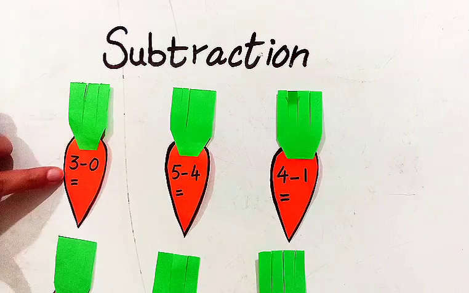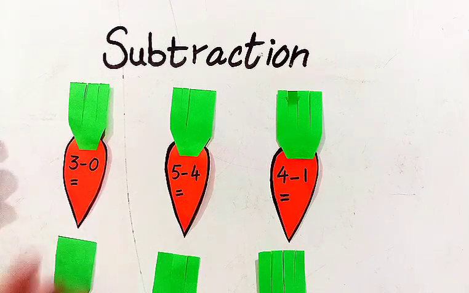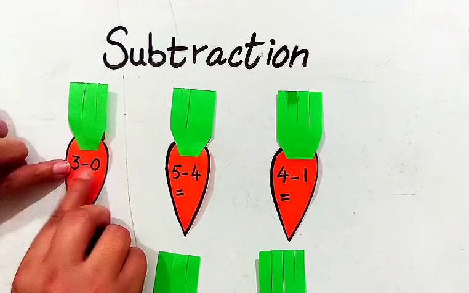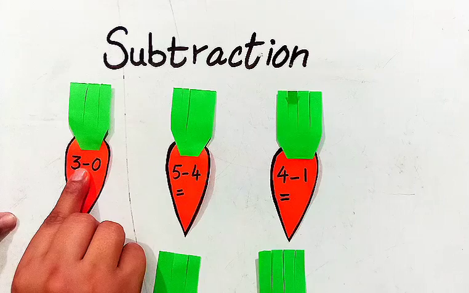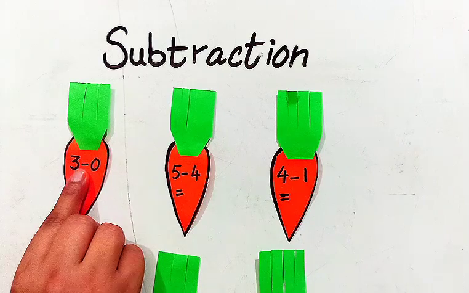Now, the first question we have. I have made this model for you to make the concept of subtraction easier to understand. First of all, we have 3 minus 0. Now this is the sign of subtraction. We can also say it is the sign of minus.